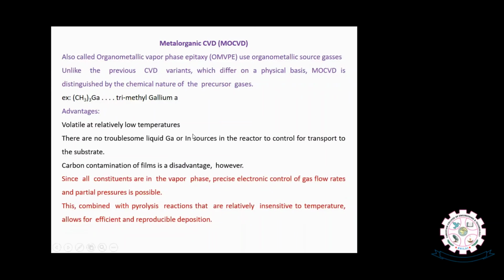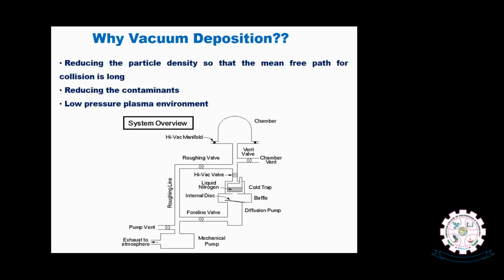Since all the constituents are in vapor phase, precise electronic control of the gas flow is very easy. This is the best method to deposit a gallium thin film. So depending on the nature and application of the film, very special deposition techniques are possible. Is it fine? So with that, I will close with CVD.